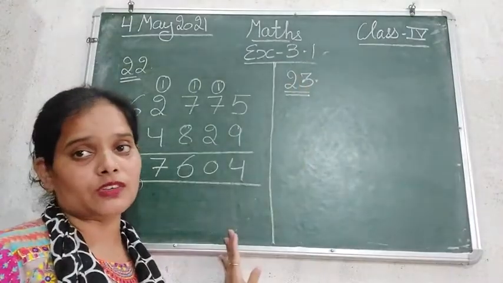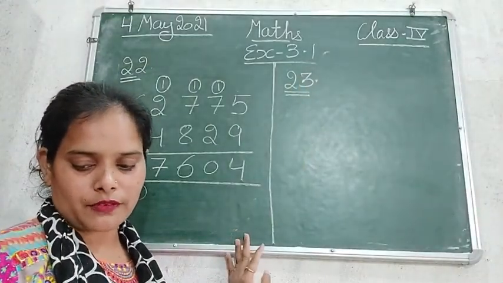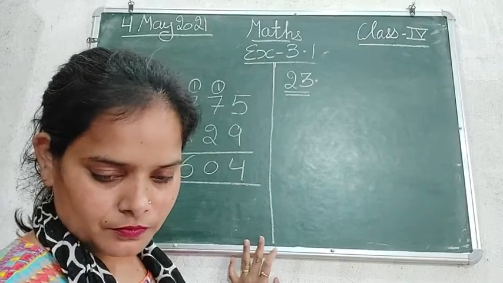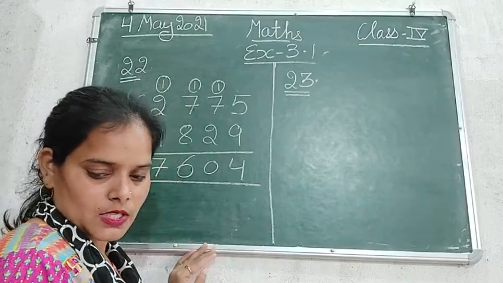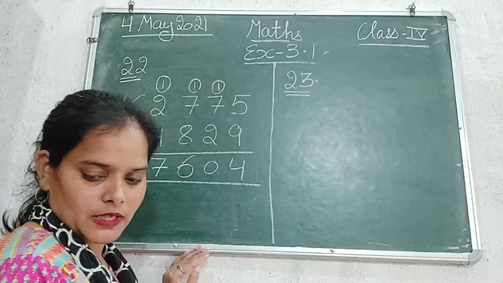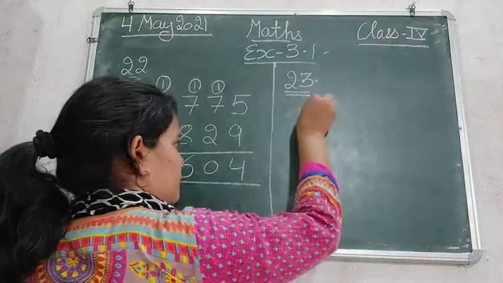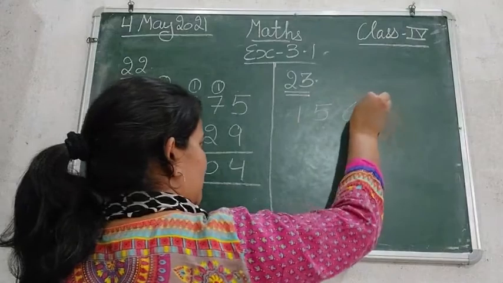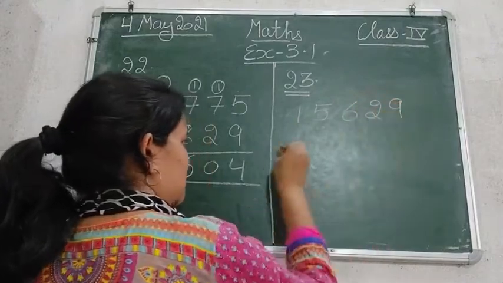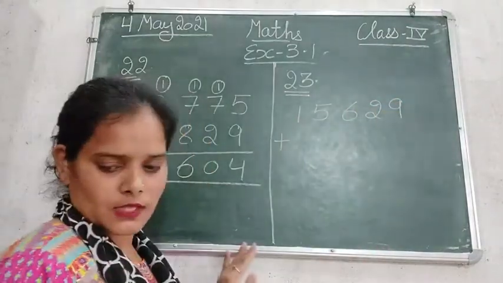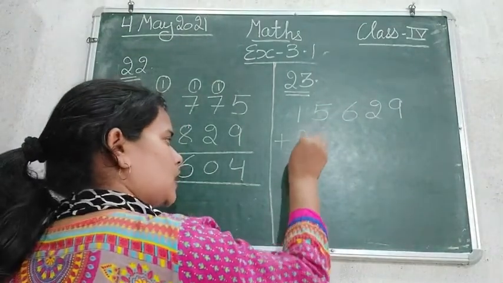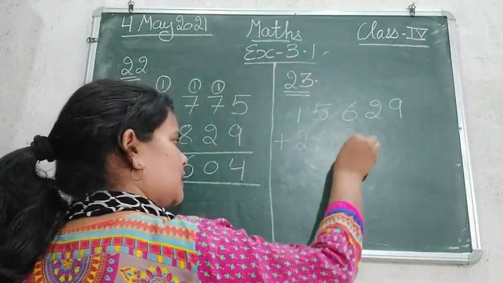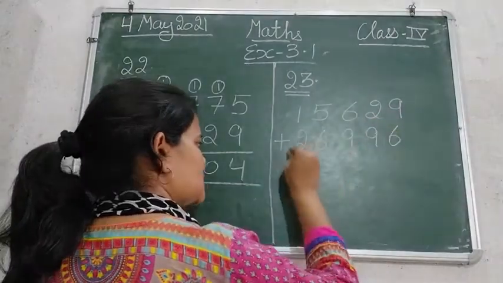So question number 23 is also the addition of 5-digit number. Okay. Question number 23 is 15,629 plus 26,996.